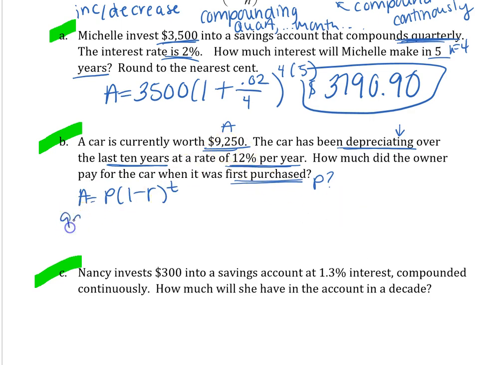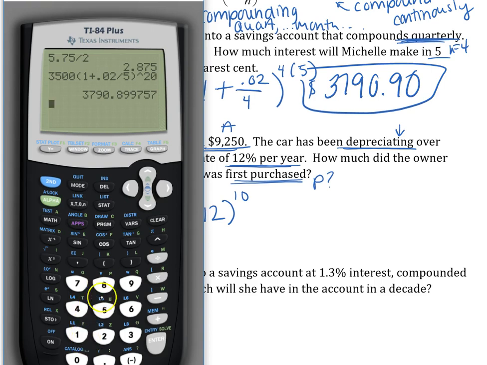I'm going to plug 9250 in for A. I don't know P. The rate was 12% as a decimal. And this was over the last 10 years. Okay, so in my calculator, I'll do 1 minus 0.12. Raise that to the 10th.